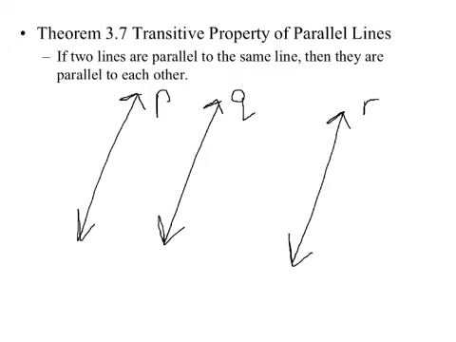Okay, I'm going to use some red. If P is parallel to Q and Q is parallel to R, then we can say that P is parallel to R. Those are all little arrows that are supposed to be filled in.